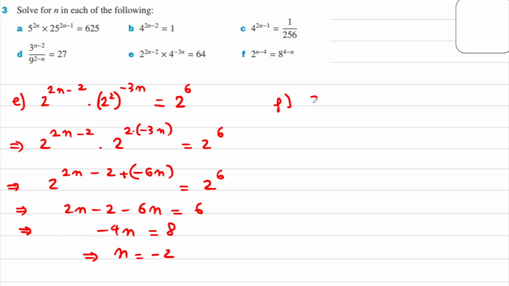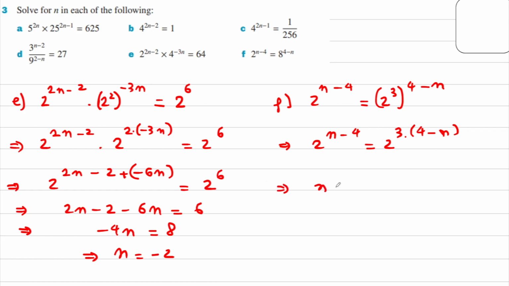The first one is 2 to the power of n minus 4. About 8, it means 2 to the power 3, 4 here minus n. And then you get 2n minus 4 equal to 3 multiplied with 4 minus n. And then I can equate only the power numbers together like this.